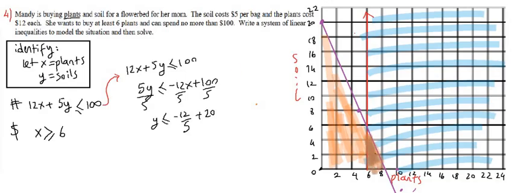This is our feasible region, so that satisfies both constraints. Any point on this line or in the region is a solution. For example, 7 comma 2 or 7 comma 4.